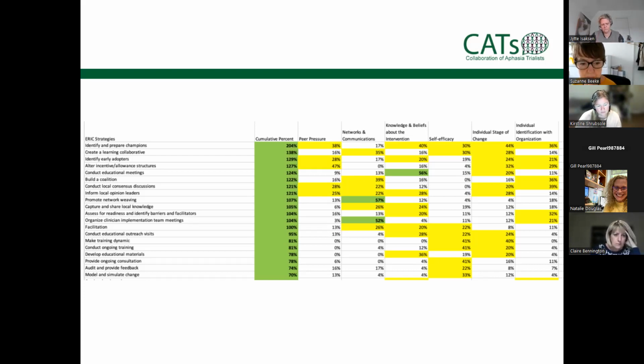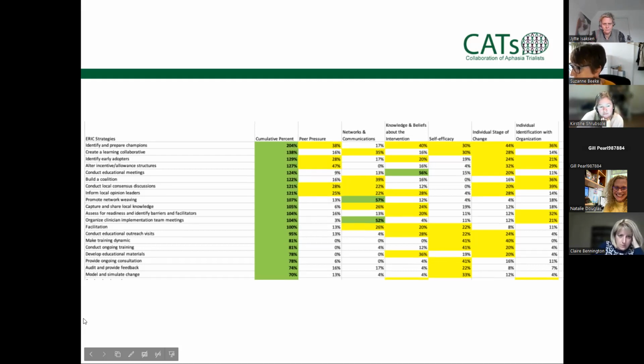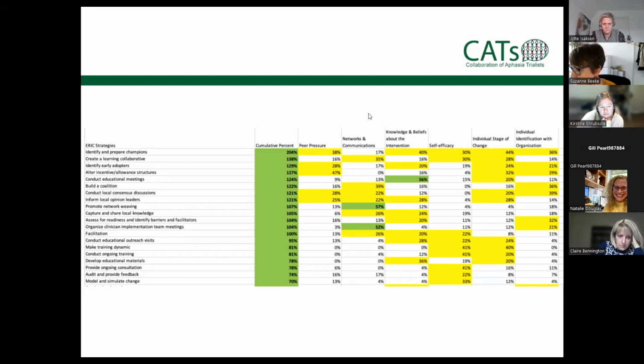Some additional strategies that you see here are creating a learning collaborative, and identifying early adopters and opinion leaders. That means when we think about an innovation such as communication partner training for people living with dementia, many times this intervention is better received if it comes from another nursing assistant, as opposed to an outside person like a research assistant or even a speech language pathologist, someone that's not as connected to that nursing community.